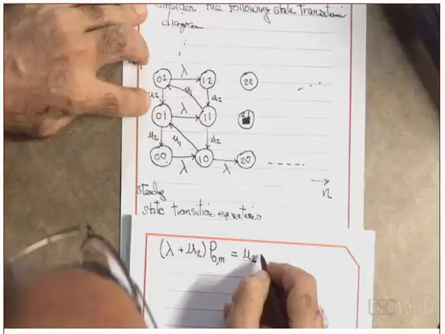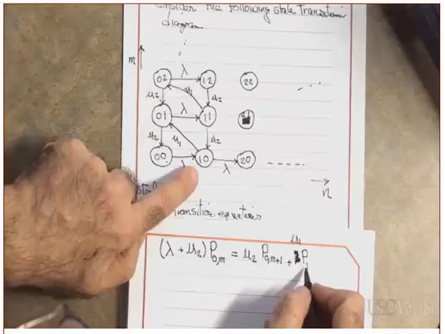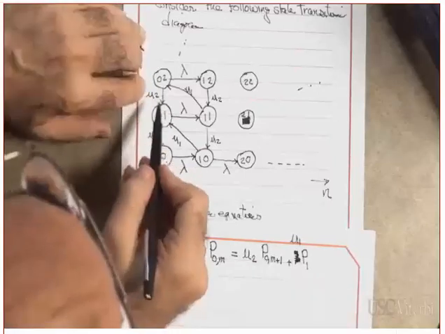Is it the same M? It is the same M. But the N is the previous, right? N minus 1, comma M. Yes or no?